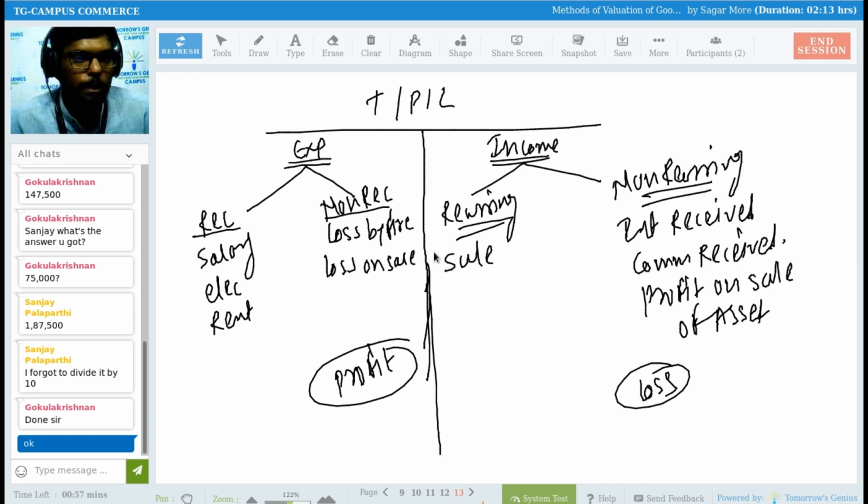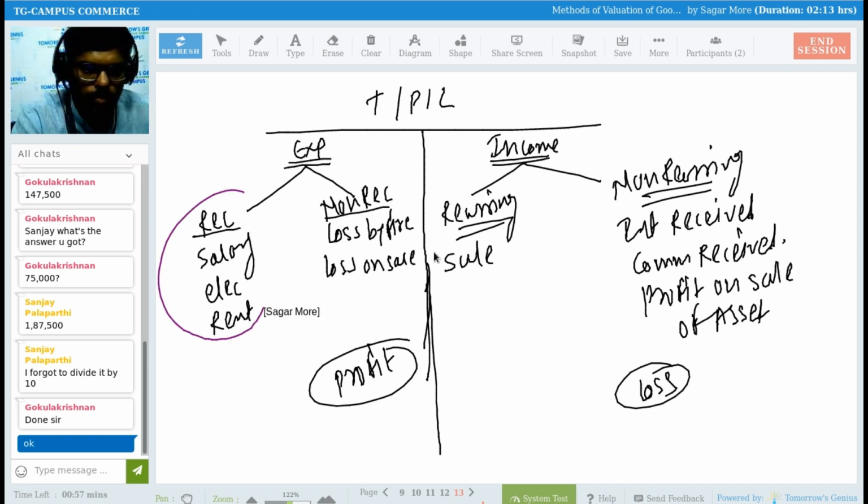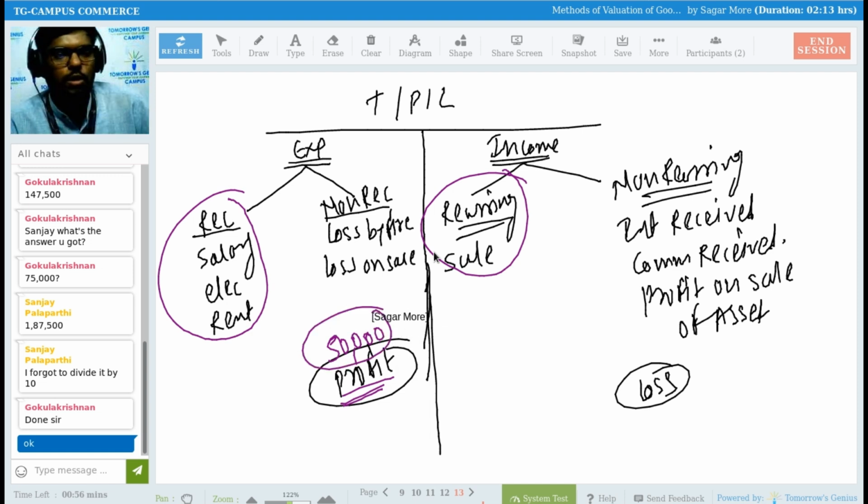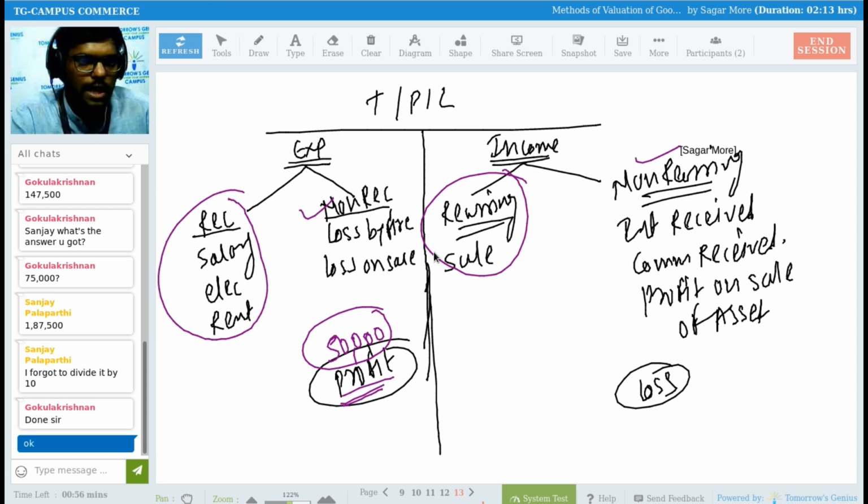But for valuation of goodwill purpose, we have to consider only the recurring part. So whatever profit is given to me, for example 50,000 rupees, is after considering non-recurring expenses and non-recurring income.